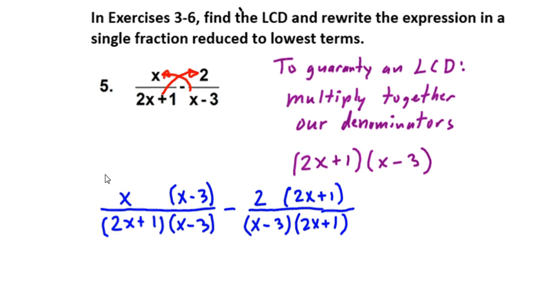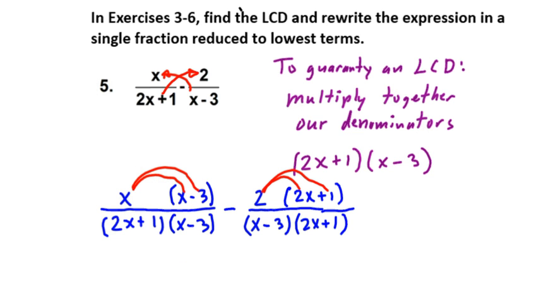And so now we can simplify, and we're going to have our common denominator. The numerator is going to be x times x, and x times negative 3. And we're going to have minus 2 times 2x, and minus 2 times 1.